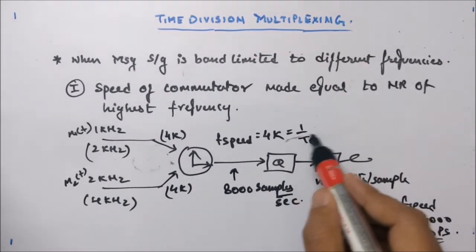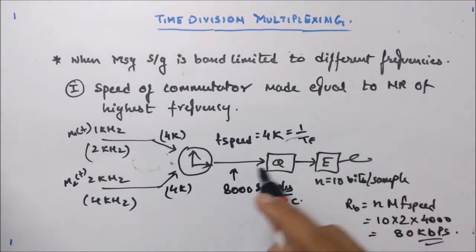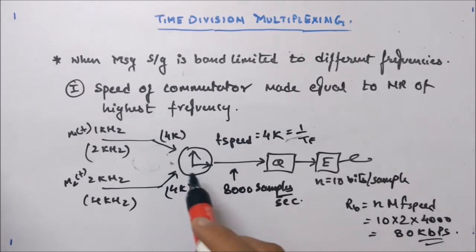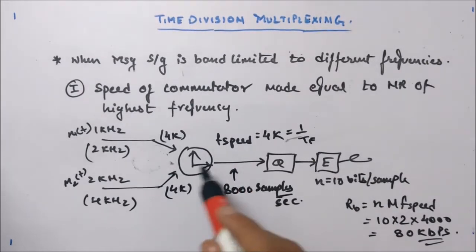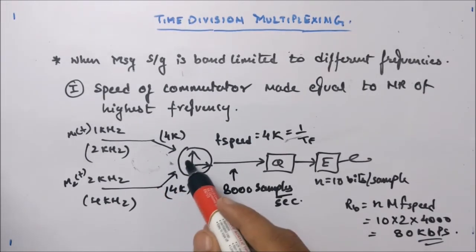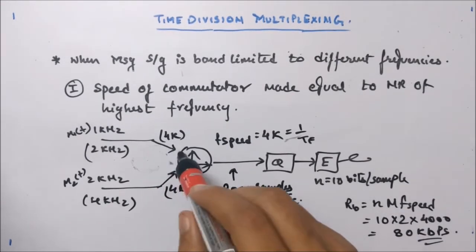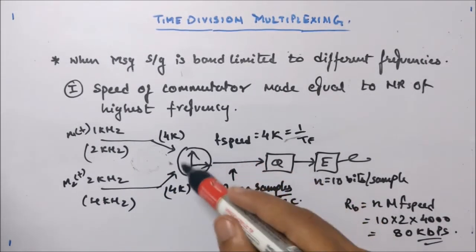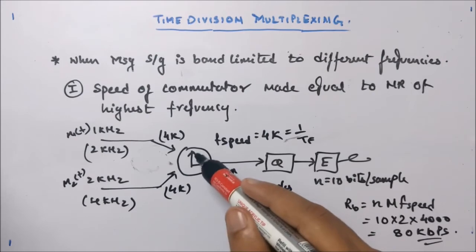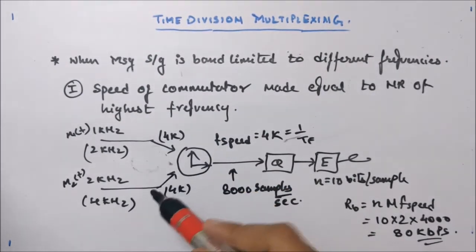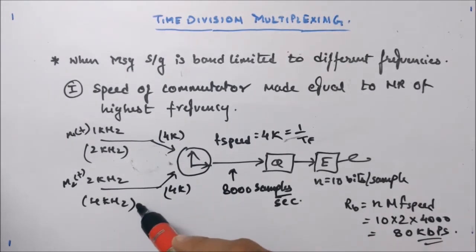Okay, and you can calculate the frame time as well from here, but we don't require it right now. We have to make the Nyquist rate equal for both these signals, because your commutator can only rotate with one particular frequency. It will not be able to rotate at 4 kilohertz according to this one and 2 kilohertz according to the other.